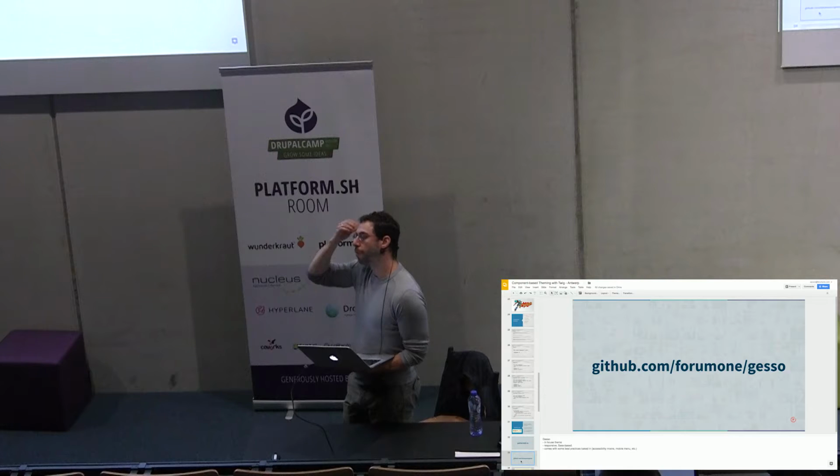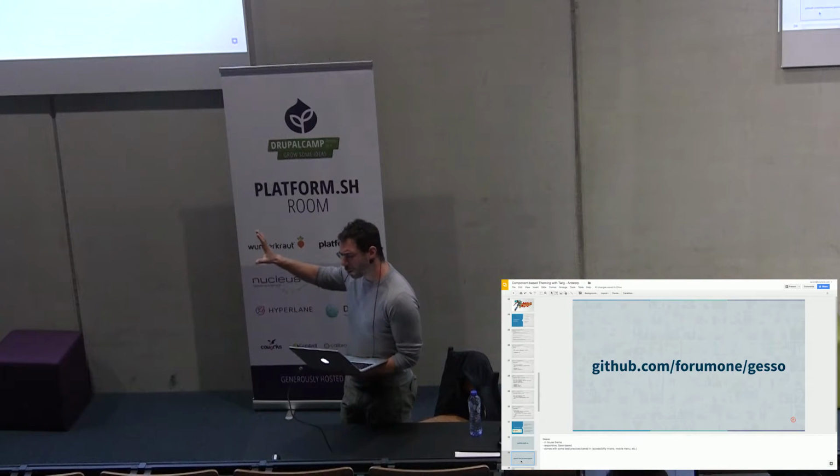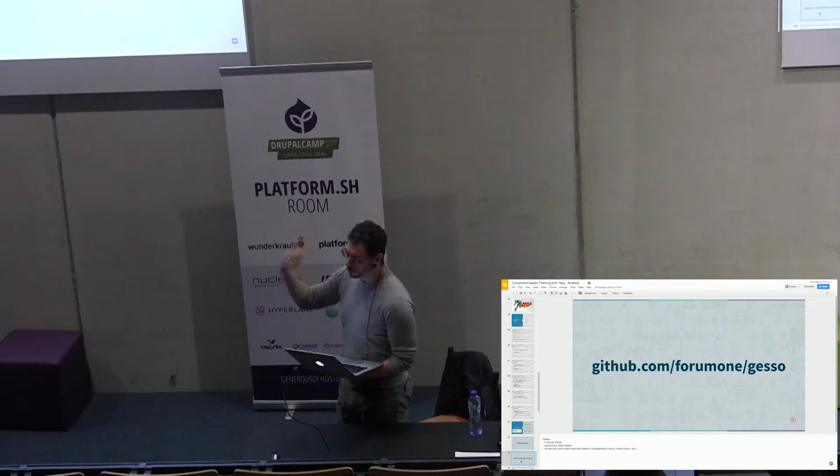Gesso is a term from art. It is the primer that you put on a canvas. So it has some very basic neutral classes and CSS already in it, but it really is ready for you to jump in and start theming a site from the get-go.